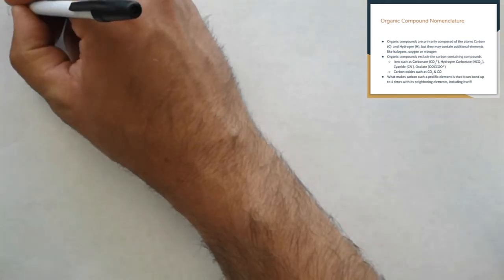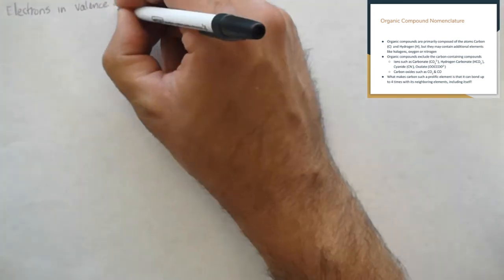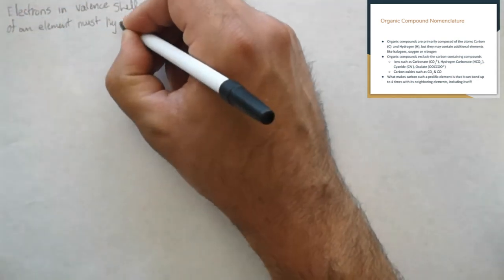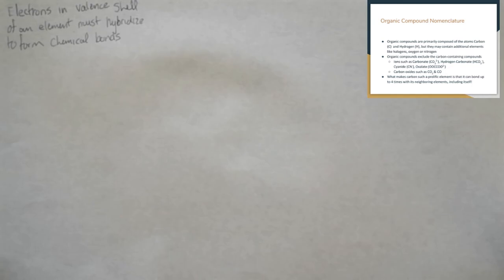One thing we need to keep in mind when representing electrons in atoms is that electrons in the valence shell of an element must hybridize to form a chemical bond.